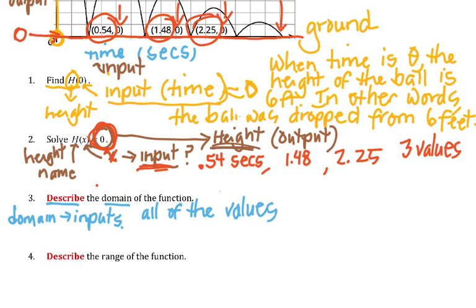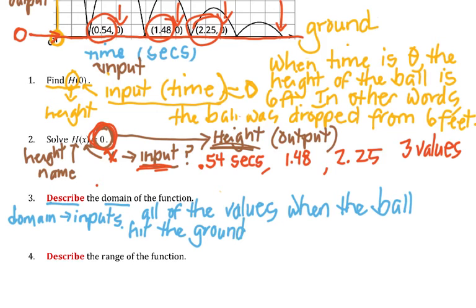I'm putting into words all of the values when the ball hit the ground. And what are all the values? That means it's the time in seconds. All right, so let's just list them, right? Because we can.